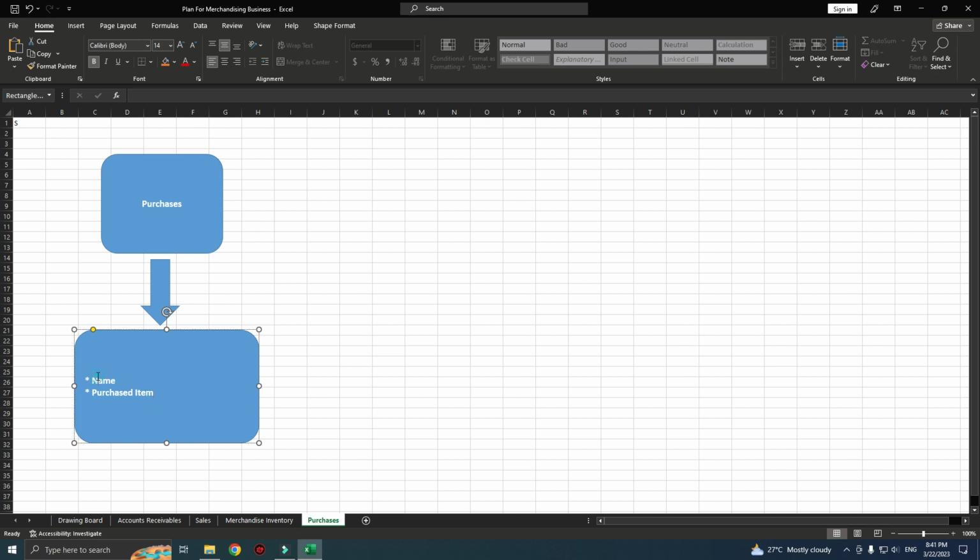And of course, we have name, purchase item, quantity, total. Let's go to the total, and then the automated calculation will be per piece.